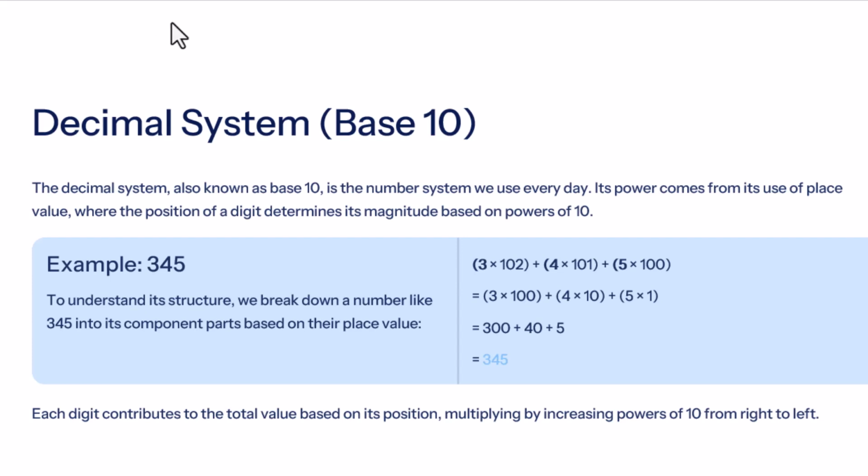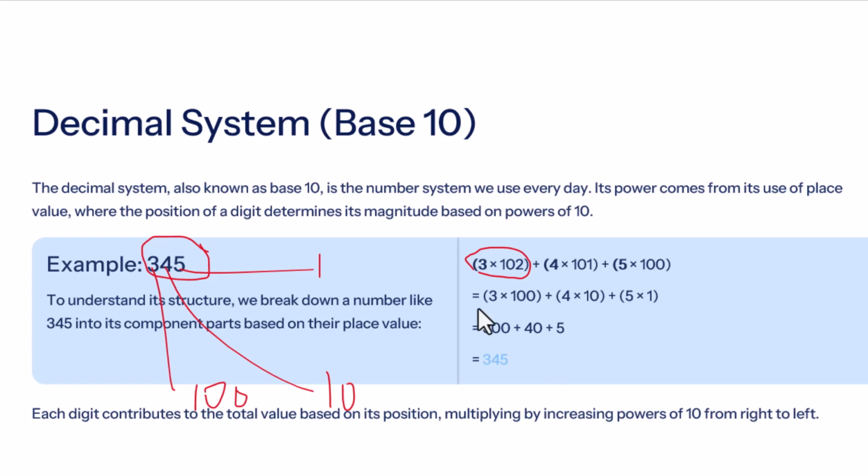Now the decimal number system. This is our base 10, what we use in our everyday life. The example is 345. Each digit takes a position: this is 1, then 10, and then 100.